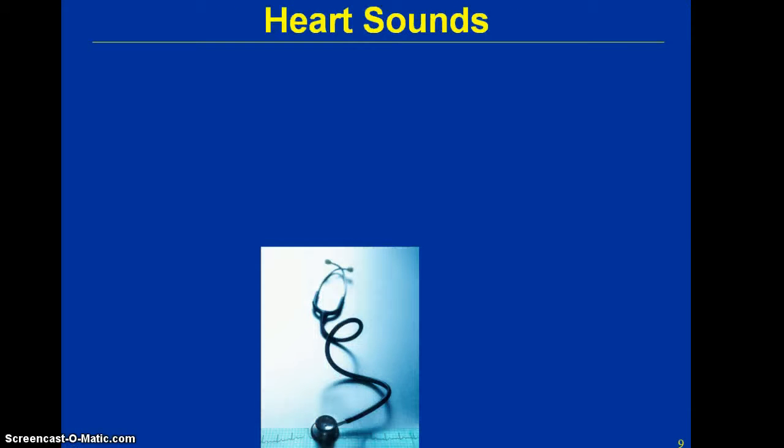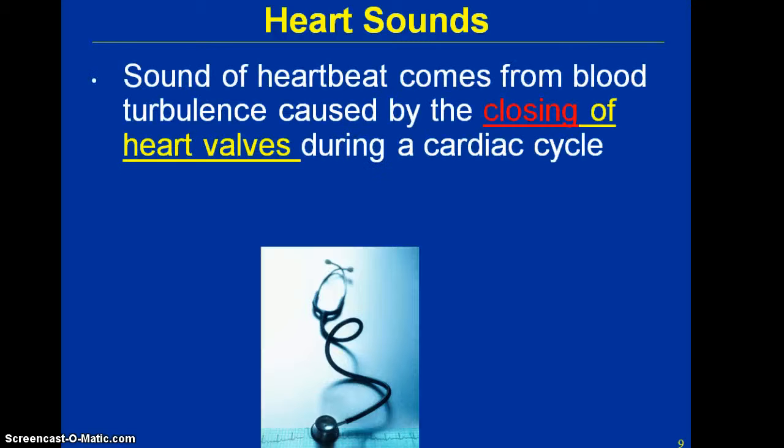Heart sounds. I touched upon this briefly in lecture number 2, where there are two distinct heart sounds that are described as lub and dub. Heart sounds are caused by the closing of heart valves. When the AV valves close, they'll close simultaneously.